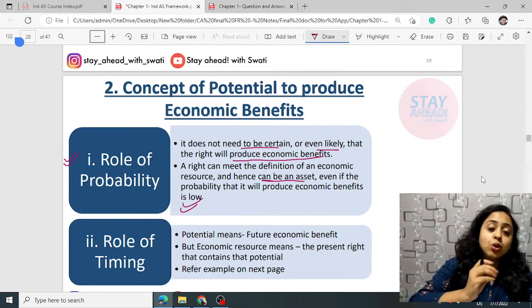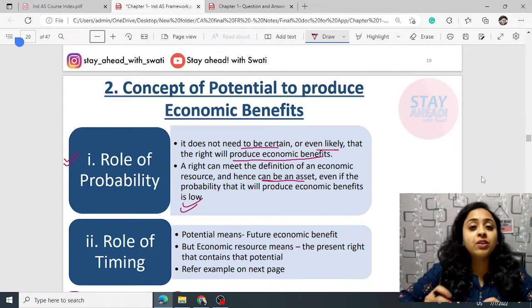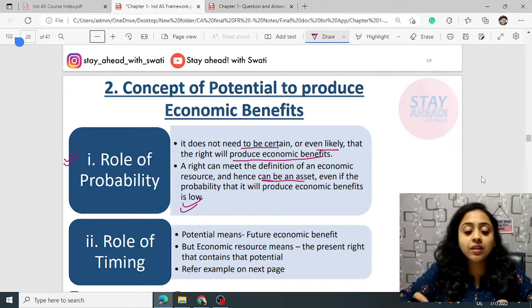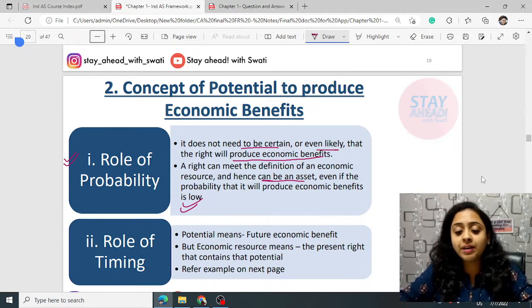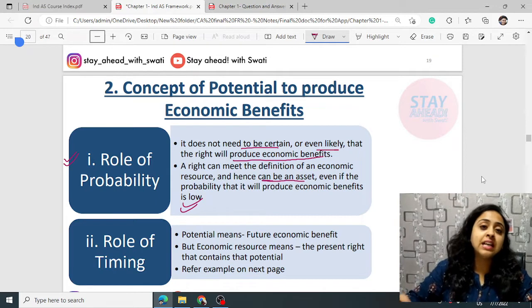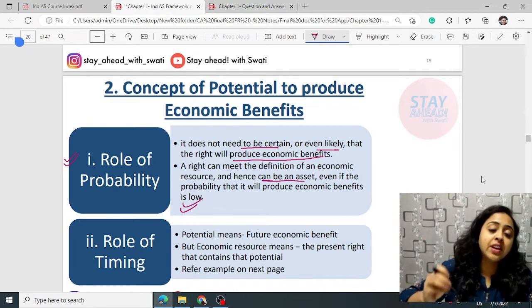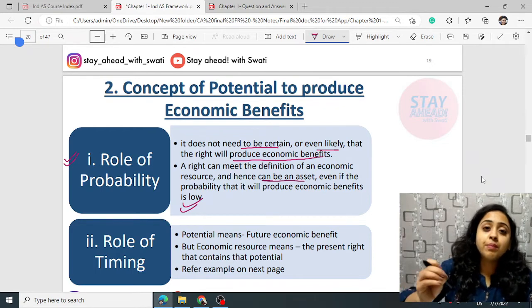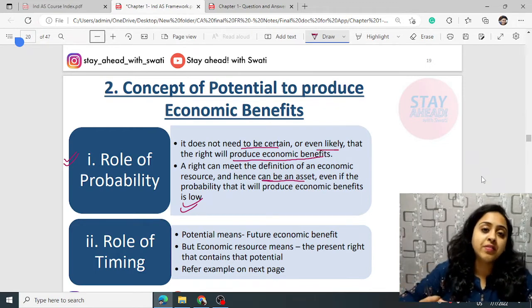Even if there is low probability, a particular right can be considered as an asset, even if there are very, very low chances of gaining economic benefits from it.